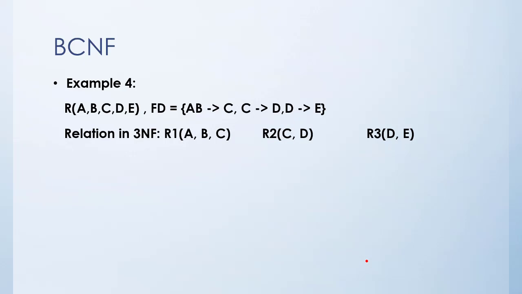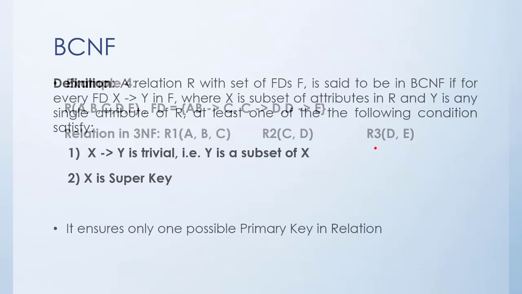Here there is no functional dependency, so we need not worry about it. Here the functional dependency is C determines D. So C is my X and D is my Y. X is a super key. Yes, X is a super key. So R2 satisfies the second condition of the BCNF. So R2 is in BCNF.